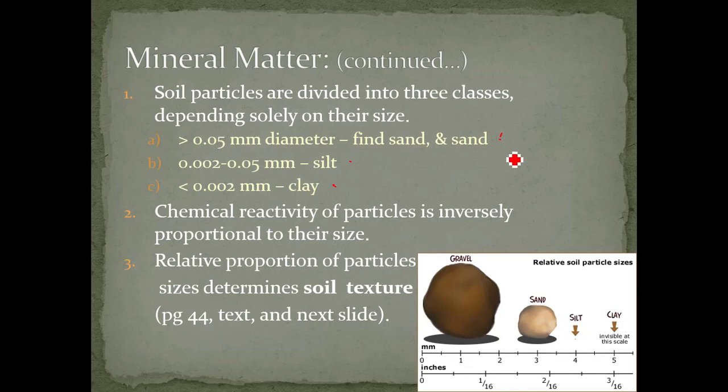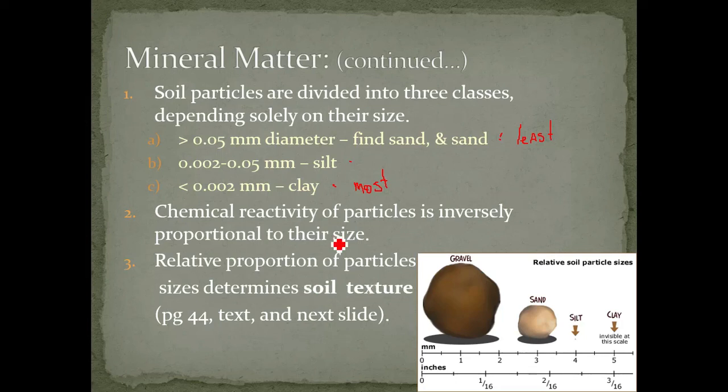In other words, sand has the least chemical activity, and clay has the most chemical activity. By chemical activity, we mean how much they react and participate in chemical reactions, primarily how much they react to mineral nutrients and their ability to catch and hold those mineral nutrients. We'll deal with that subject here in just a minute.